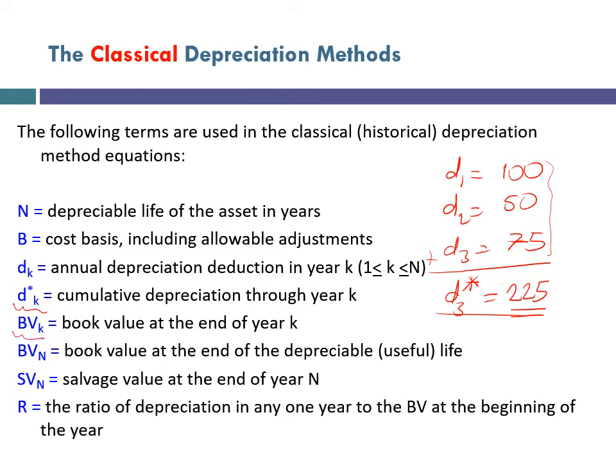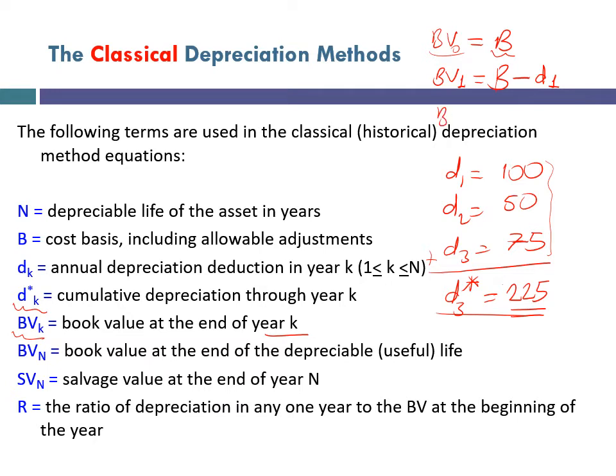So BVK is the book value of the asset at the end of year K. Initially this book value will be equal to the cost basis. Okay, so BV0, the initial book value, will be equal to your cost basis. At the end of year 1, this book value will be equal to the cost basis minus the depreciation during year 1.